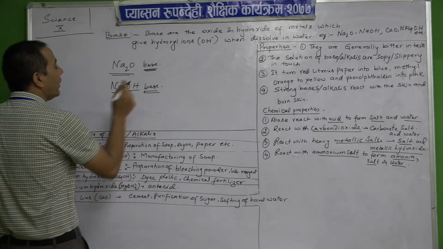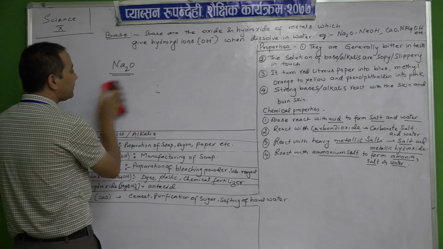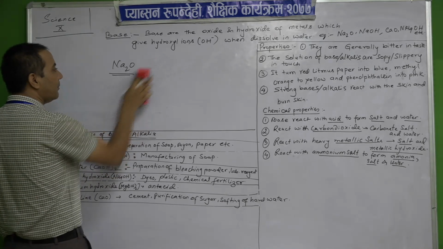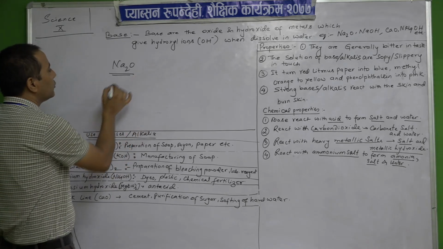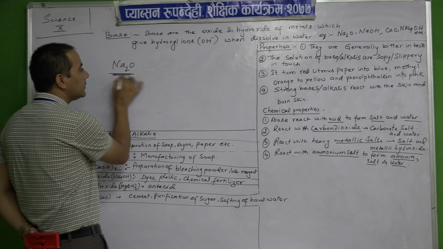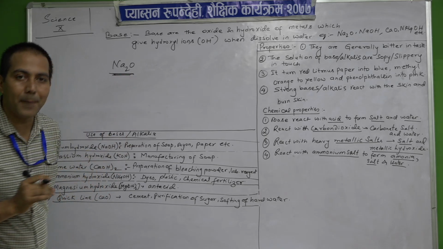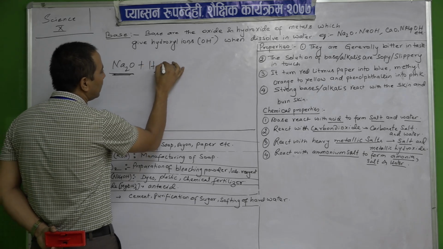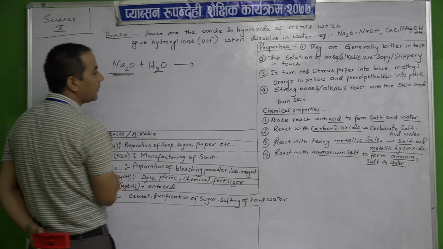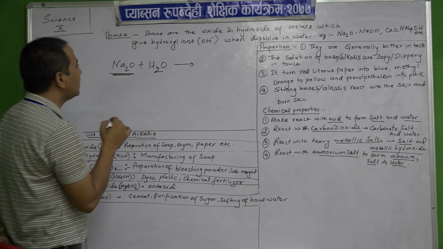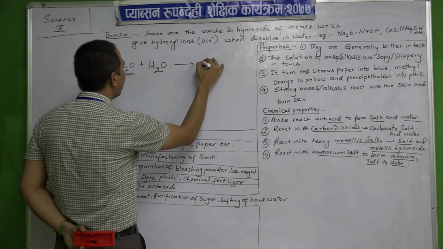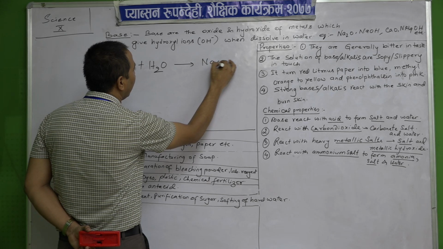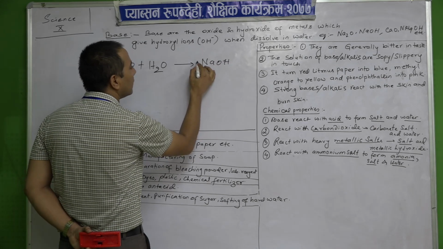Let us take one example, then we will be clear. Sodium oxide is a base. When it is dissolved in water, what happens? It produces hydroxide ion, that is NaOH.